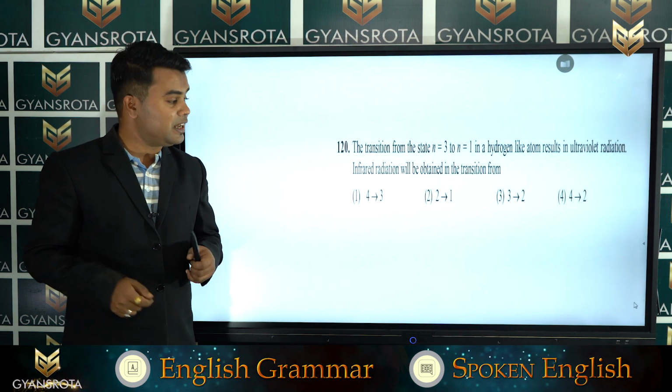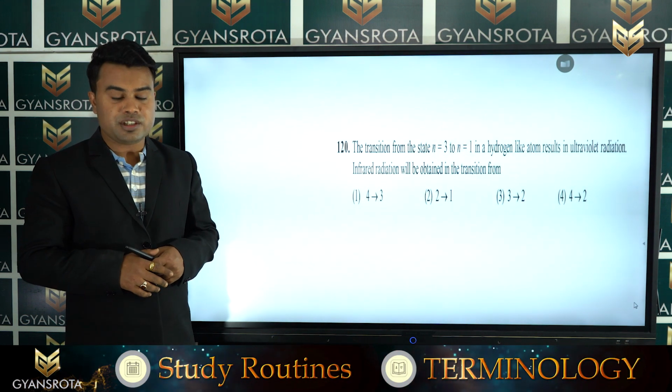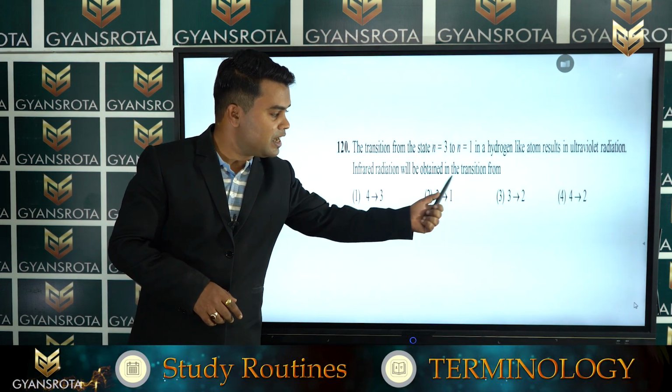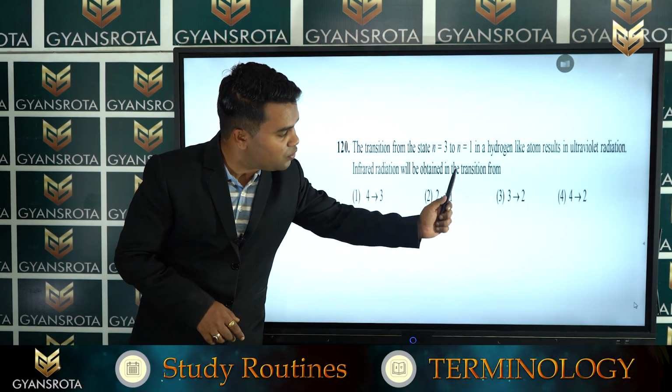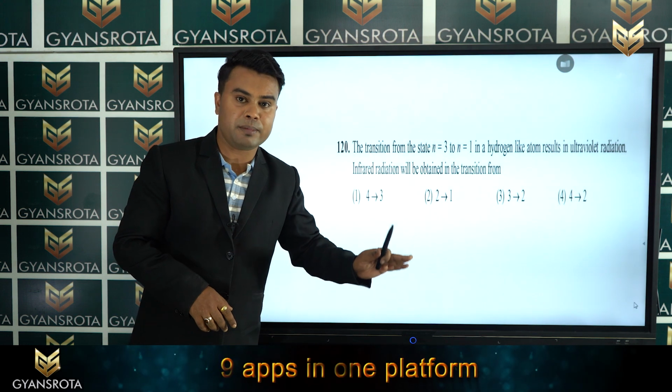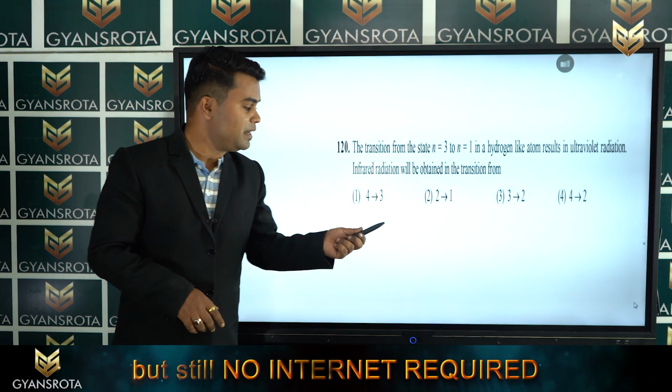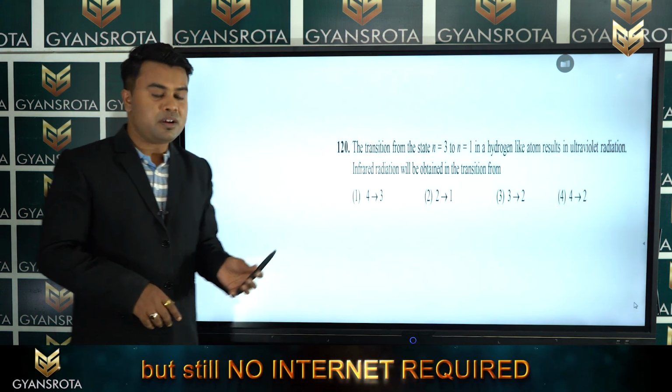It has to jump to a higher level for the infrared region. So this is 2 to 1, again this is Lyman series. 3 to 2 Balmer series, 4 to 2 Balmer series. Balmer is in visible and Lyman is in ultraviolet. The remaining one is option number 1.